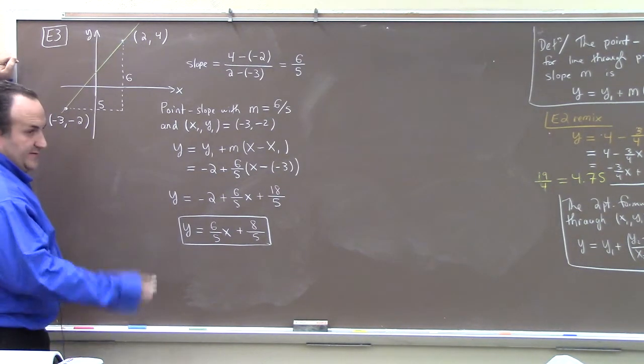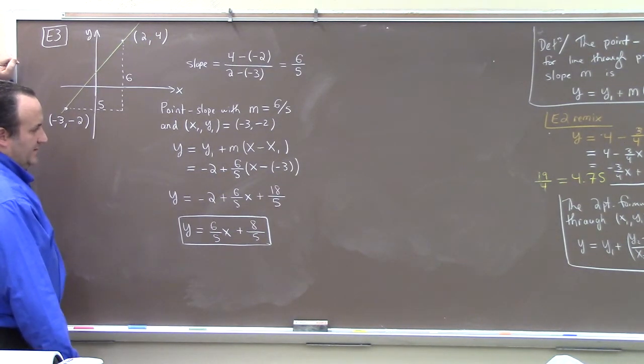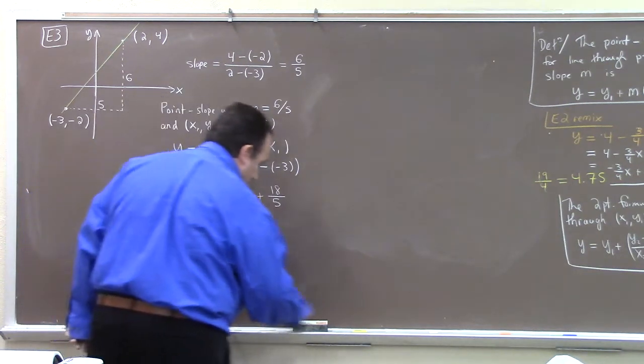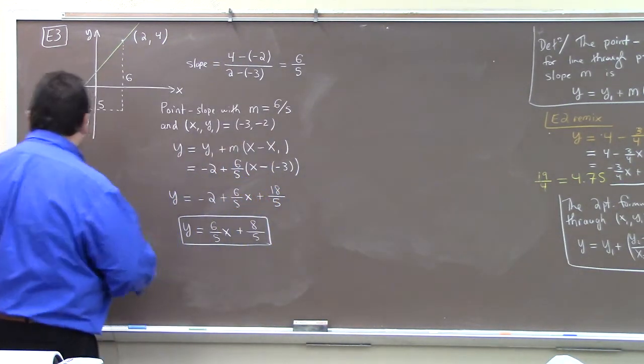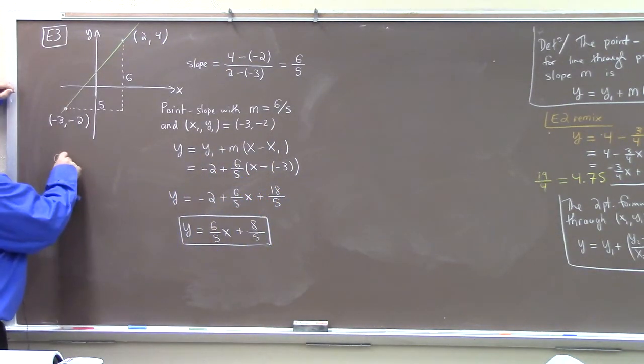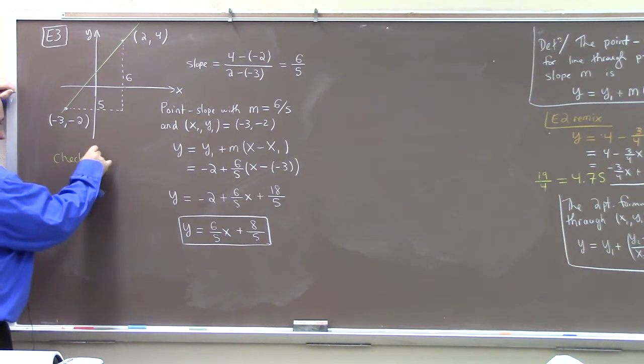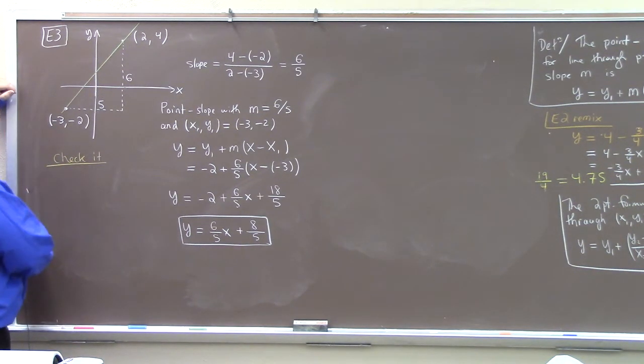So whenever I do something like this, I had a few steps here. It's a good idea to check our answer, right? How would we check our answer? Pick whichever point you want. Let's use the (2, 4) point. There's (2, 4) actually on the line.